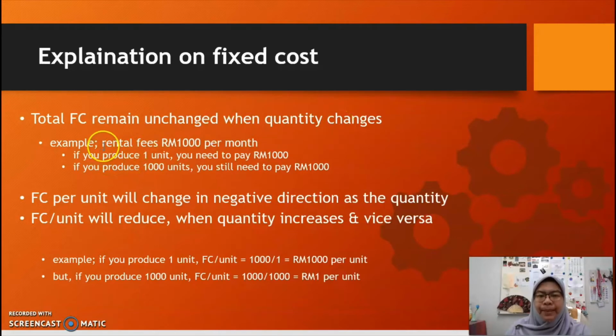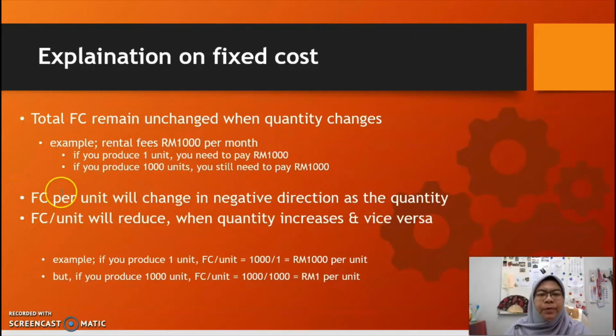For example, let's say our rental fees are 1,000 ringgit per month. If you produce one unit, you need to pay 1,000 ringgit. But if you produce 1,000 units, you still need to pay 1,000. And if your quantity is 0, the rental fees will still be 1,000 per month. So it remains unchanged when there are changes in quantity.